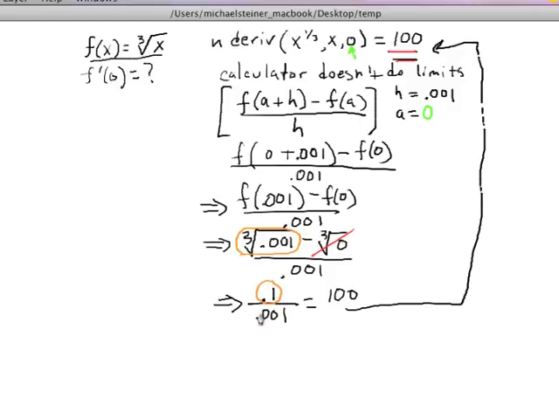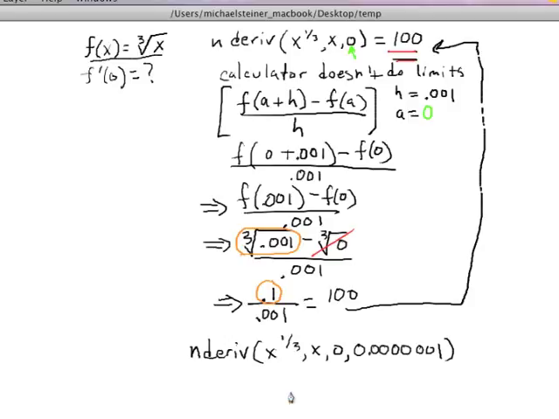You can get a better estimate of the slope if you use a smaller h. So if you go to nDeriv, x to the 1/3, x comma 0, and put another comma and a number in here, say 0.000001, close parentheses, you would get a number something like, I think, 300,000.